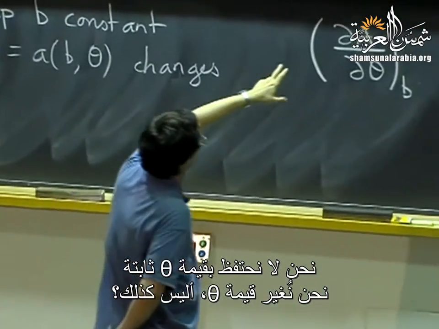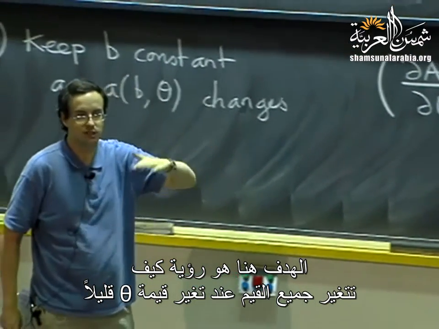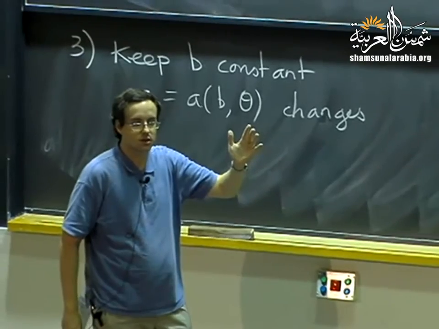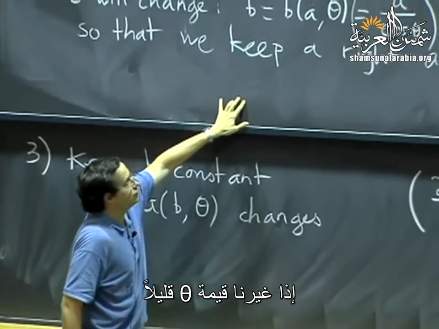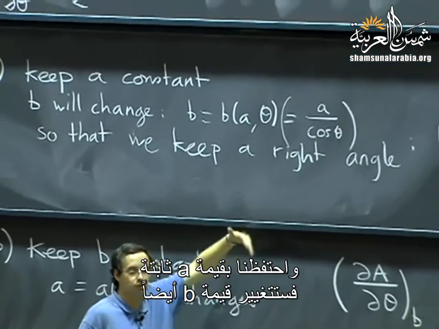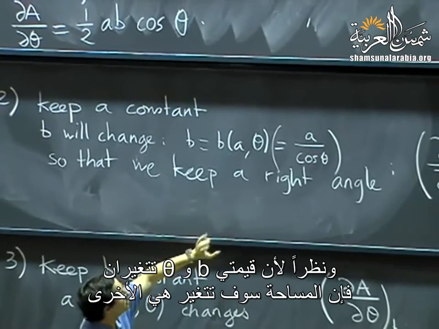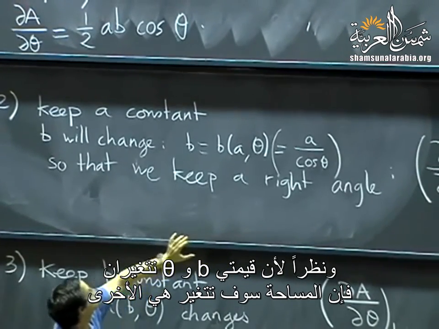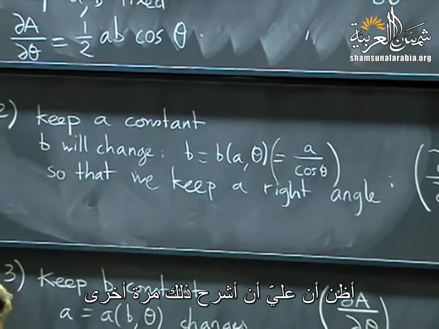No, we don't keep theta constant. We vary theta. The goal is to see how things change when I change theta by a little bit. If I change theta a little bit and I keep A the same, then B has to change also in some way so that it stays a right triangle. And then because theta and B change, that causes the area to change. Maybe I should re-explain that.